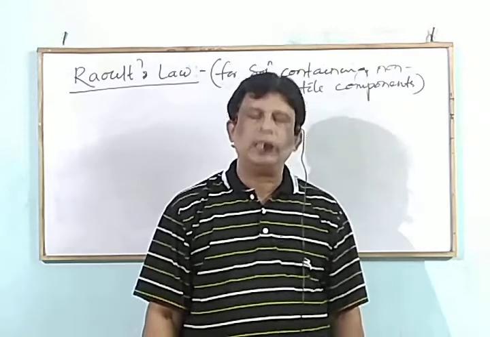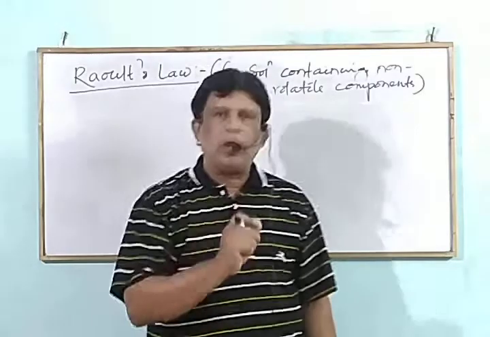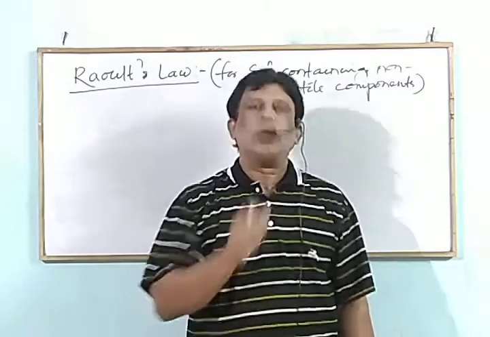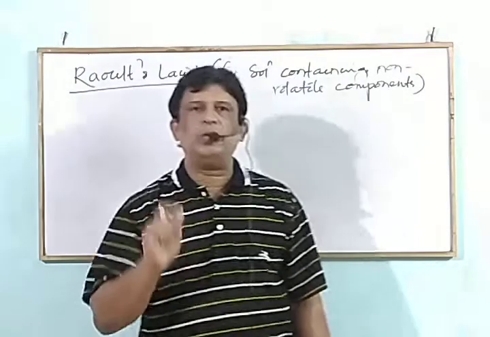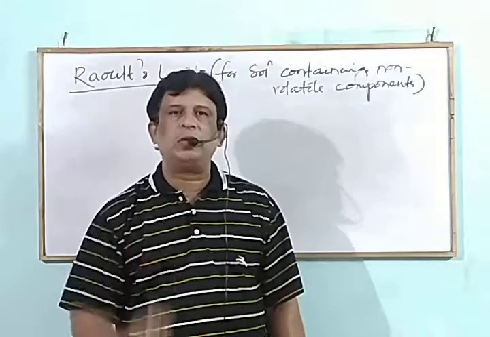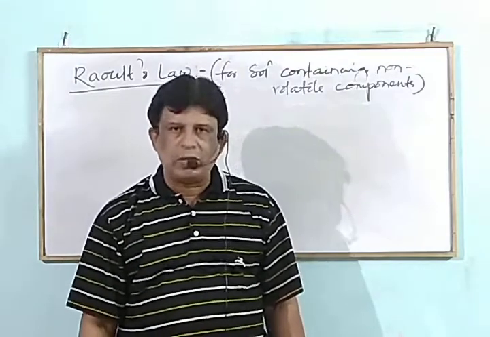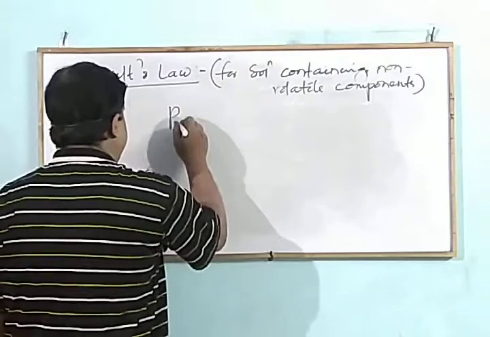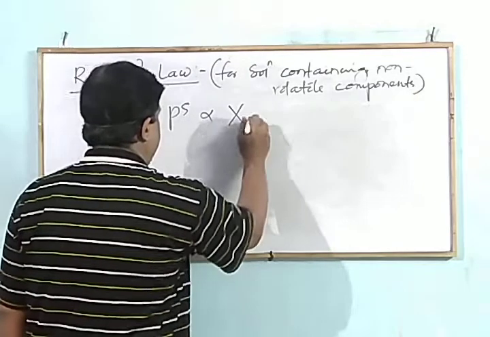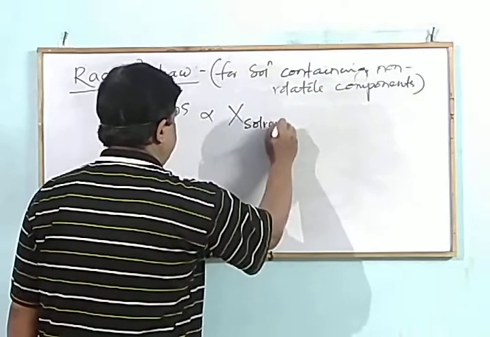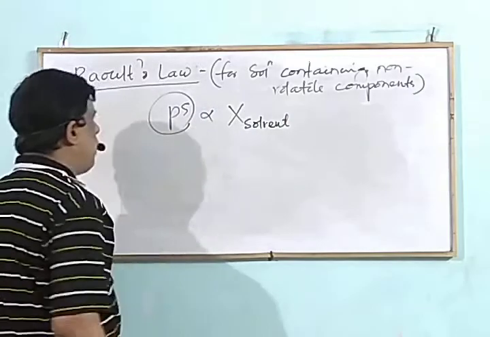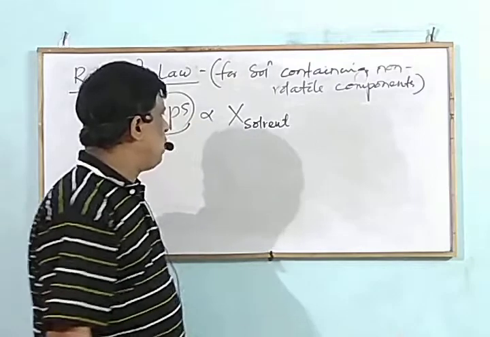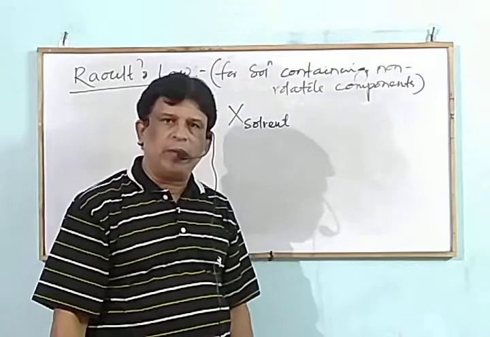I repeat again, this law said that the vapor pressure of a solvent over a solution containing non-volatile solute is directly proportional to the mole fraction of solvent. Mathematically, PS proportional to X solvent, where PS is known as the vapor pressure of a solvent over a solution, X solvent is known as the mole fraction of the solvent.